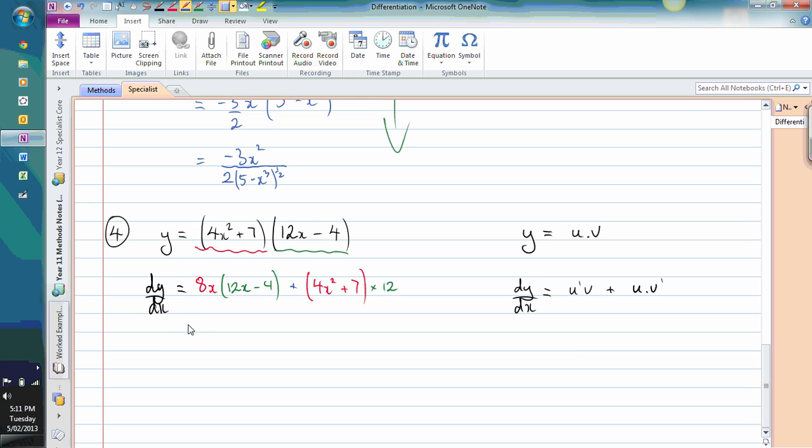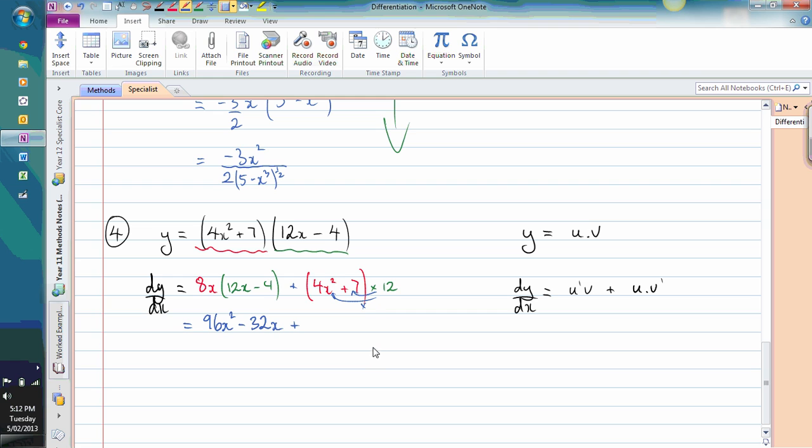And now we've just got to tidy up. I've got an 8x outside of the brackets here, so I need to go 8 times 12. 8 times 12 is going to be 96. And x times x is going to be x squared, minus 4 times 8 is 32, plus, differentiating here, this looks a bit funny having the 12 outside the brackets, but I guess on the right hand side of the brackets, we don't normally write it there, we normally write it out the front, but we can still expand by multiplying by each term.